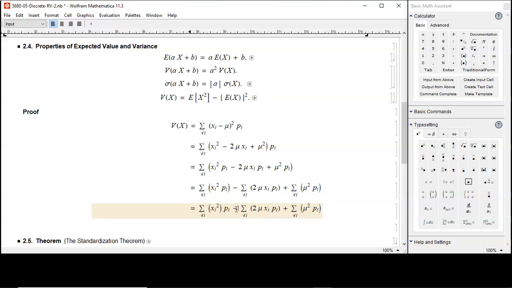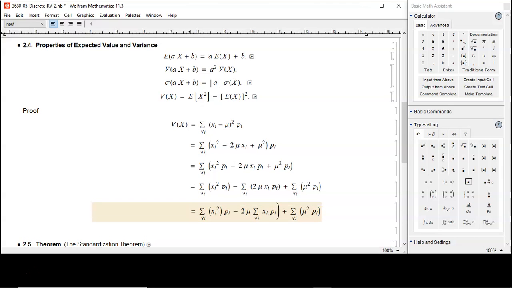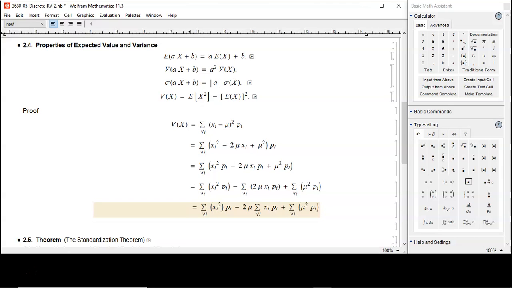2 mu, these are constants, so let's take those out. Alright, 2 mu times xi times pi, what is this? Payoff times probability and then adding them all up. Oh, this is the expected value.